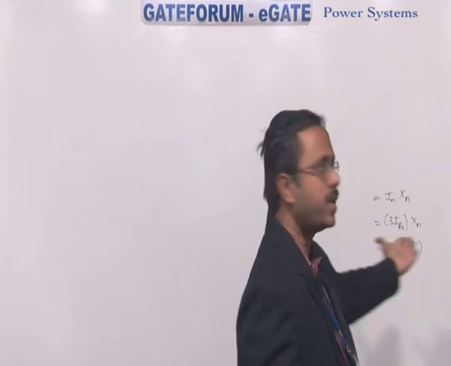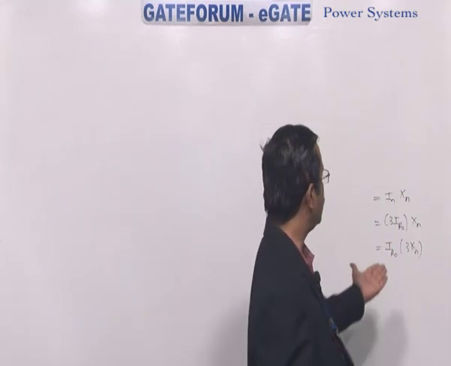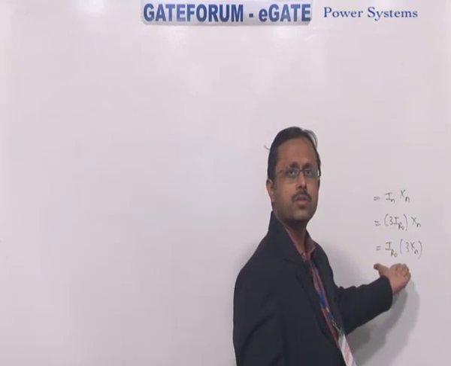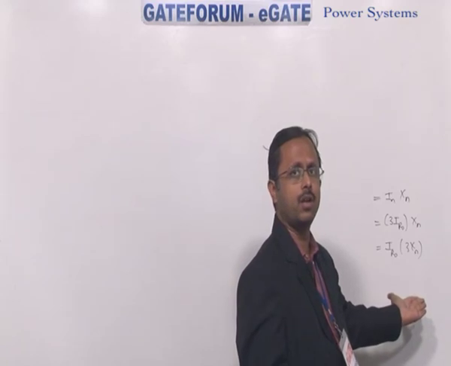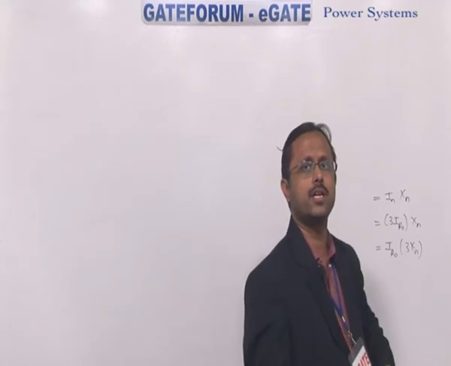Ground to neutral current, say IR naught, is flowing. If it is reactance neutral, the reactance is 3xn. Or you check here, 3xn. Here it is the zero sequence current flowing, so show it in the zero sequence network only, but not in positive sequence and negative sequence.